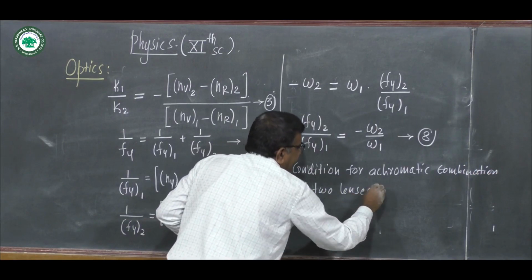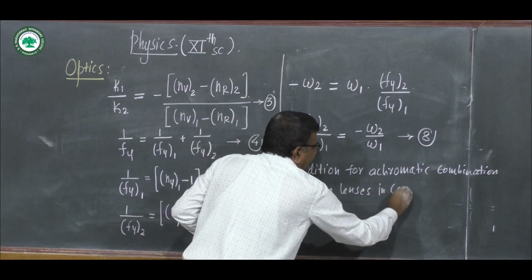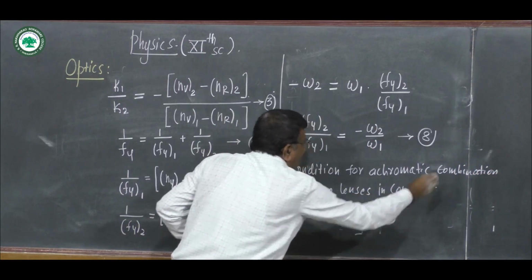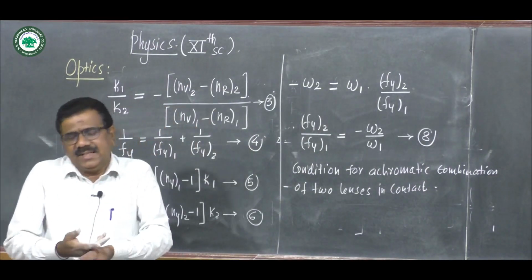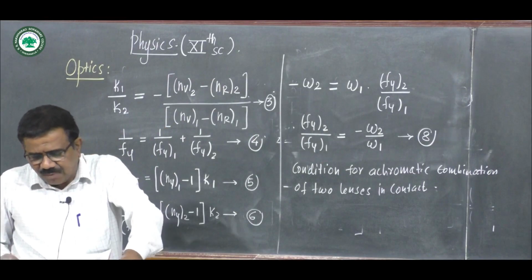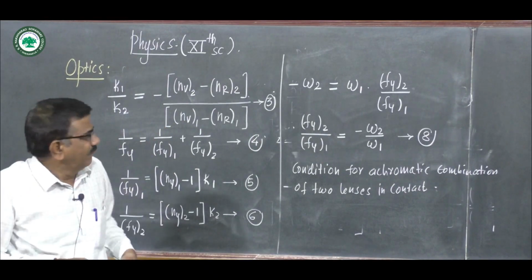We have to find this condition: find the condition for achromatic combination of two lenses in contact. Condition is Fy2 upon Fy1 is equal to minus omega 2 upon omega 1.